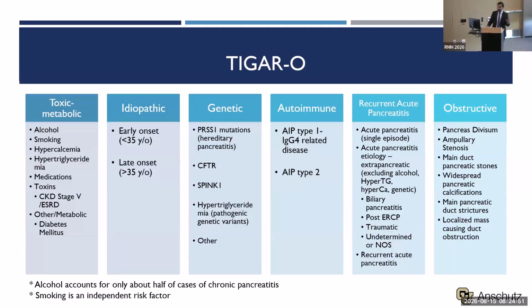And then finally, obstructive. As a therapeutic endoscopist, that's where we shine. If there is obstructive physiology that's causing their pancreatitis, is there something we can do? Most notably, if there are strictures or stones, we can treat those. And you also want to make sure, is there a localized mass causing obstruction? These patients are at higher risk of pancreatic cancer, which we'll talk about as we move through the talk.